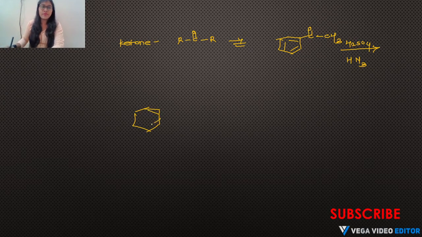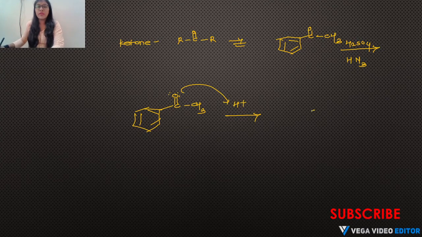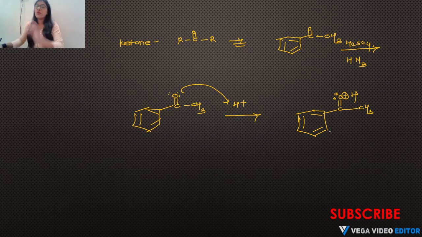In presence of H2SO4, the lone pair of oxygen takes a proton from H2SO4, and we get C plus O H with CH3. Then what is the formula of hydrazoic acid? The formula of hydrazoic acid is this.